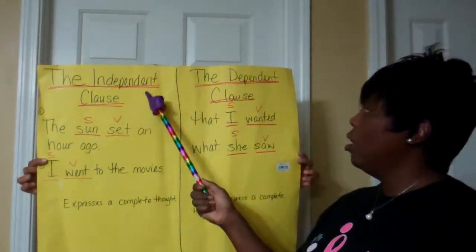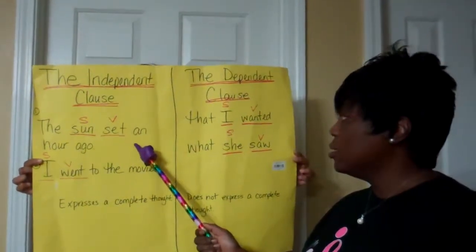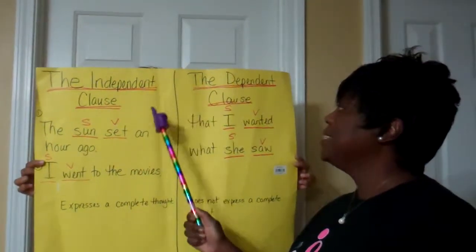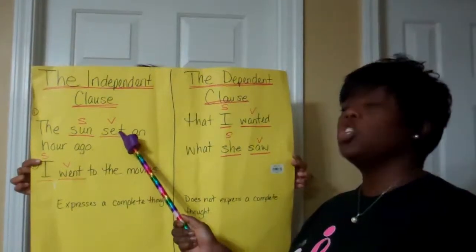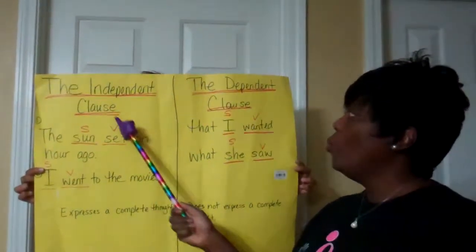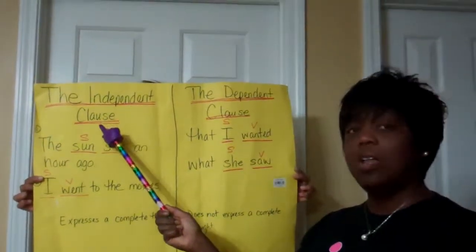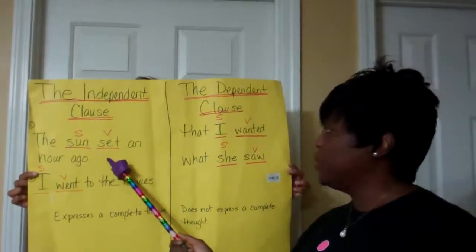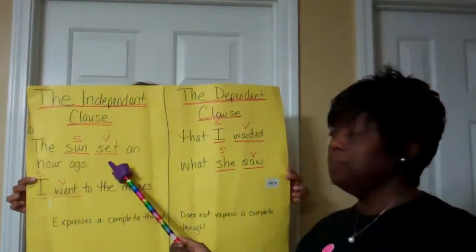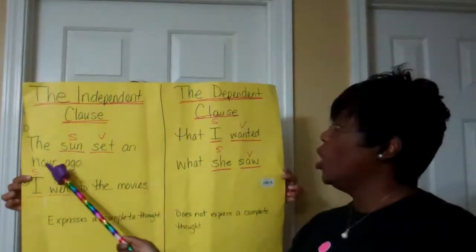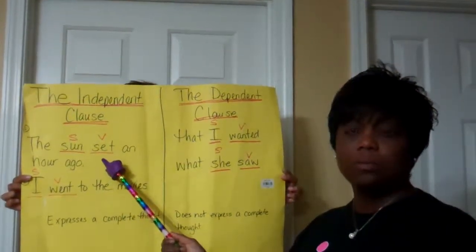First, how do we know that it is a clause? We know that it has a subject and it has a verb. But how do we know that it is an independent clause? We know that it is an independent clause because it makes sense. It expresses a complete thought. Okay? The sun set an hour ago.